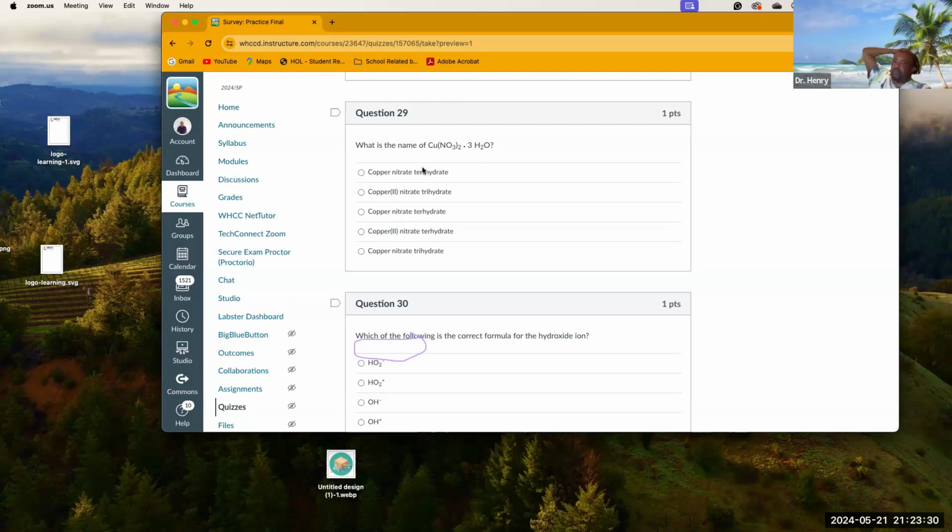That's right. So we know it's going to be copper 2 because nitrate has a -1 charge, and we have two of them here. So we have to use copper 2. And then we have 3 waters, so it's trihydrate.